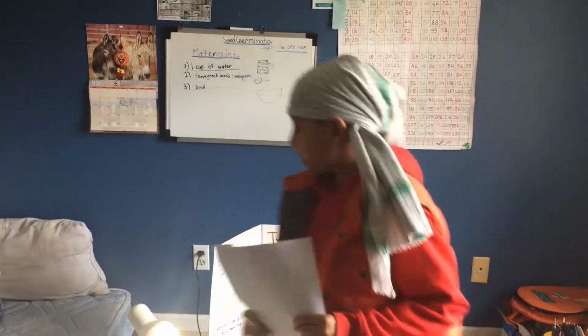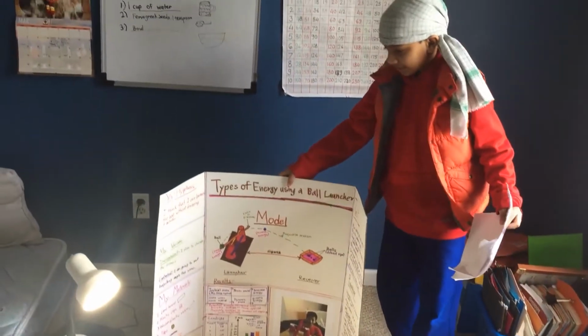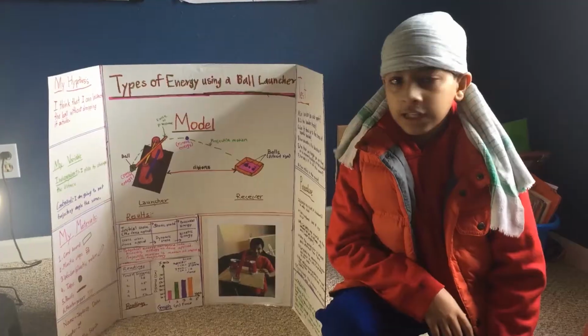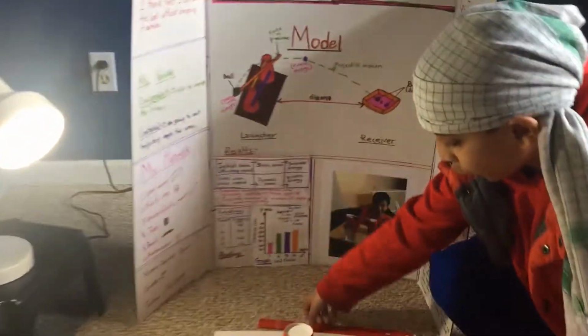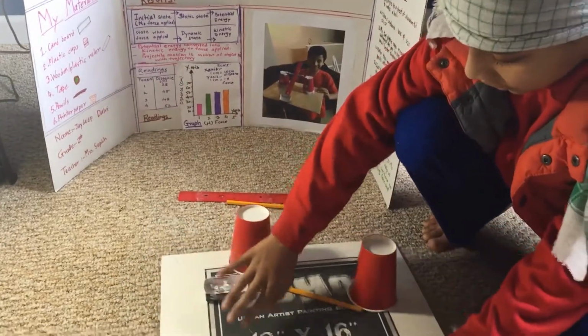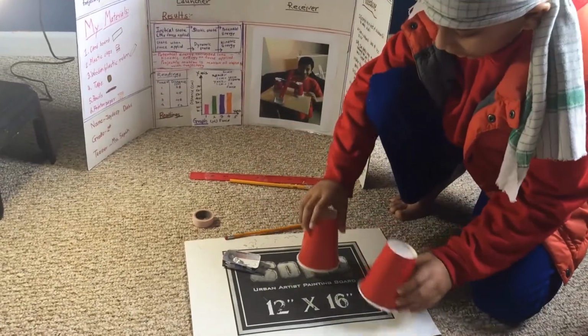So today we're gonna study about types of energy using a ball launcher. So guys, the materials are cardboard. So it's this. Two plastic cups.